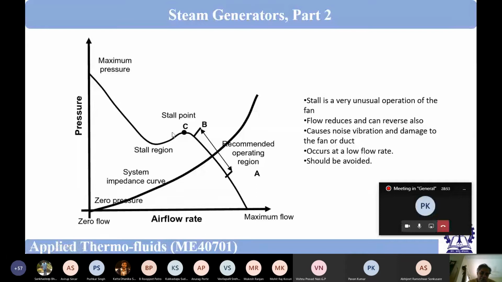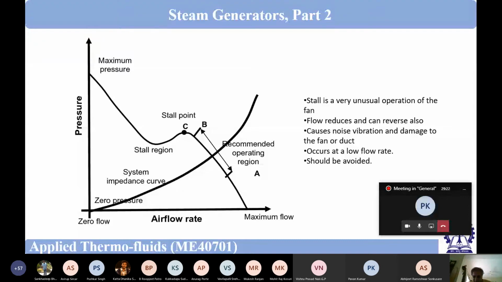Most axial flow fans will give some sort of a dip over here. This is called stall. Stall is a very unusual operation of the fan. Please remember, this is for an axial flow fan. The flow reduces and can reverse also. The flow will reduce and flow reversal will take place.